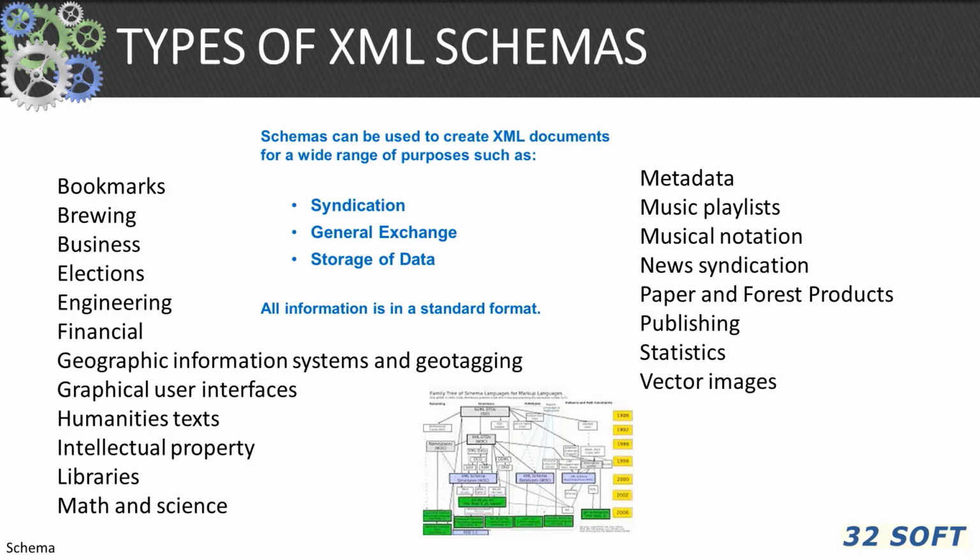Here is a list of notable XML schemas. These are used on the internet to help define how to formally describe data elements. XML documents are used for a wide range of purposes, such as syndication, general exchange, storage of data, and all in a standard format.